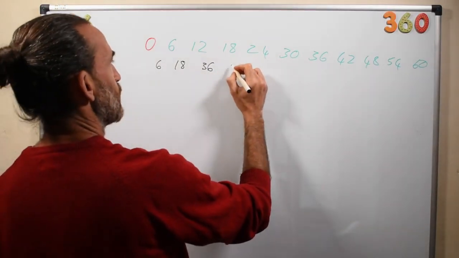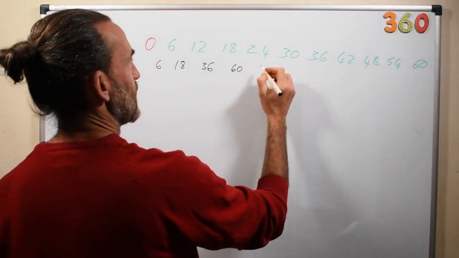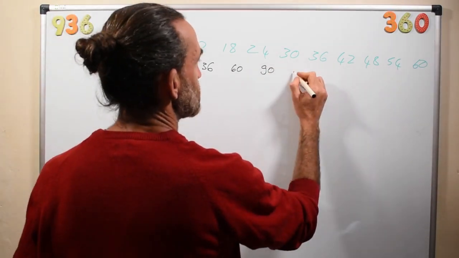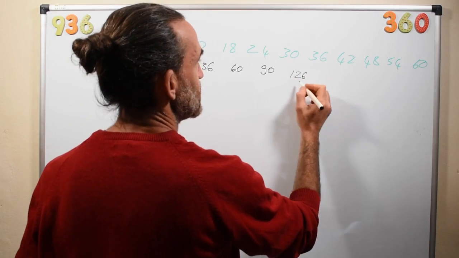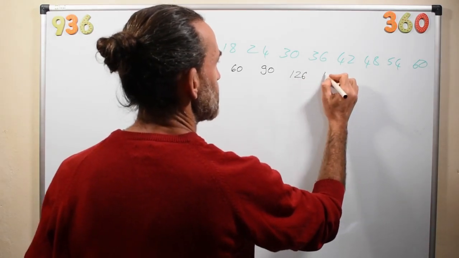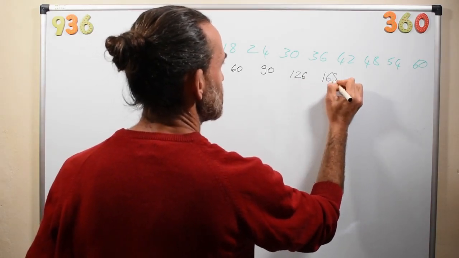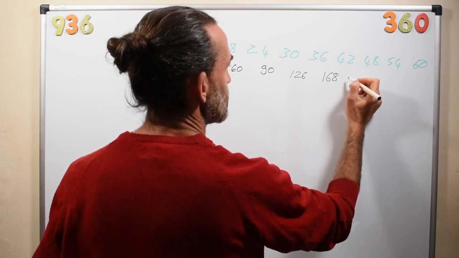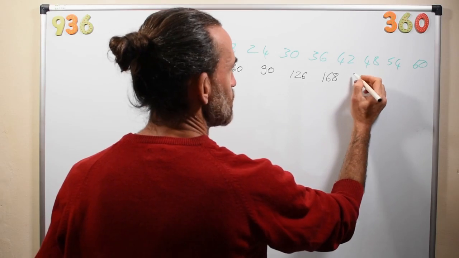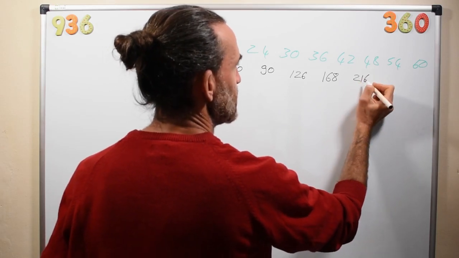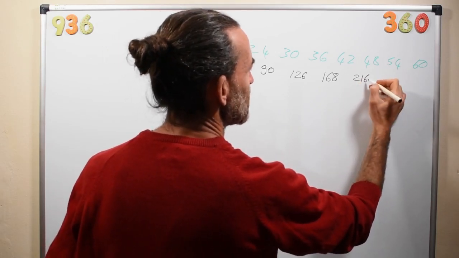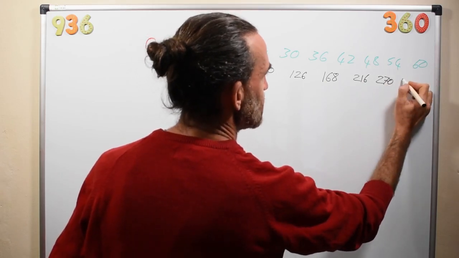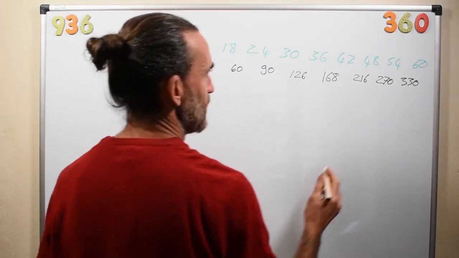Add in the 24, goes to 60. Add on the 30, gives us 90. Add in the 36, gives us 126. Add on the 42, gives us 168. Add in the 48, gives us 216. Add on the 54, gives us 270. Add on the 60, we've got 330.